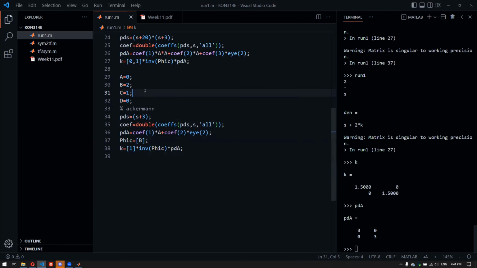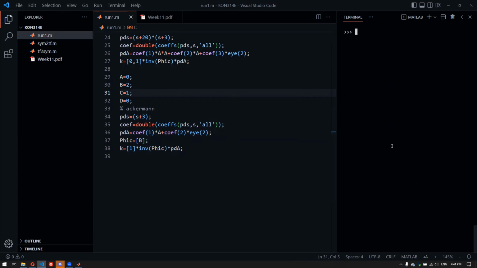PDA. We updated A and B. What is the issue here?